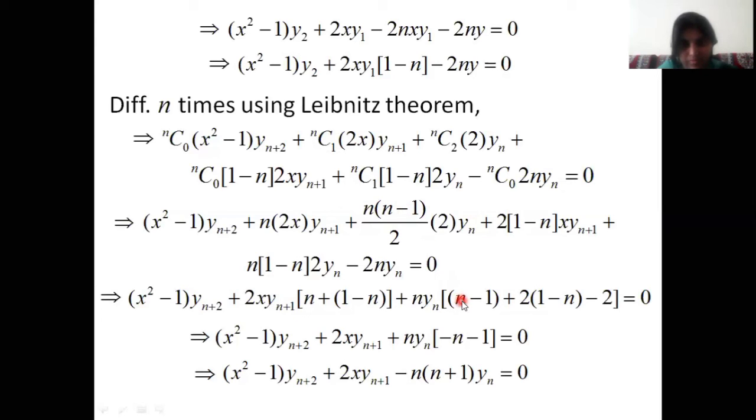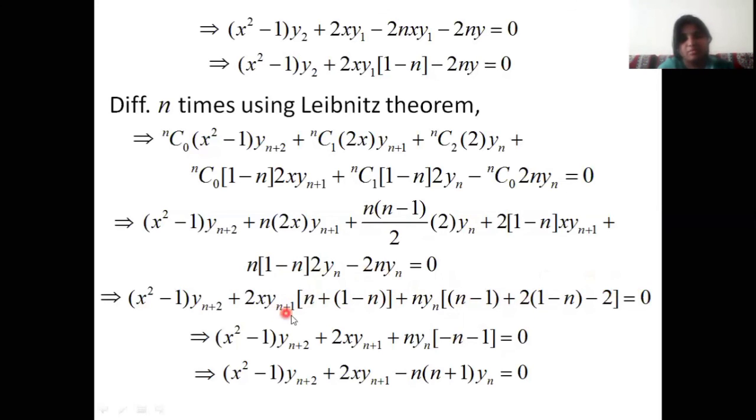So I have written that here. And in the second term, when you take n outside, you will be left with 2 into 1 minus n. I have written it here. And here you will be left with minus 2. In solving this bracket, you will get minus n minus 1. That is, expanding all these terms, you'll get minus n minus 1. And here when you expand, n minus 1 will get cancelled and you will be left with 1.